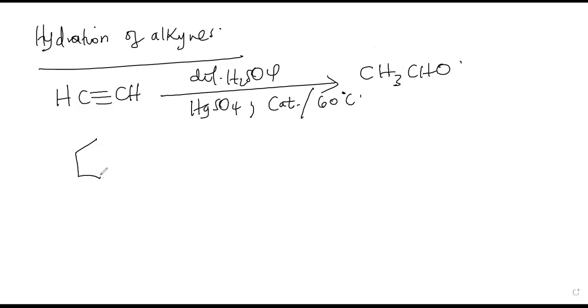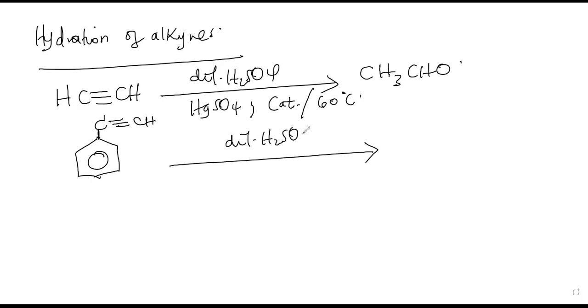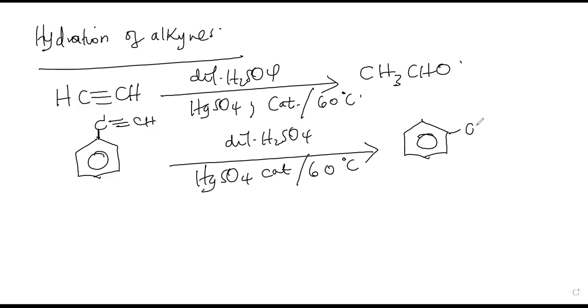If you have phenylethyne, that is our compound, we treat it with all those reagents: dilute sulfuric acid, mercury sulfate catalyst at 60 degrees Celsius, we shall form phenylethanone, COCH3.